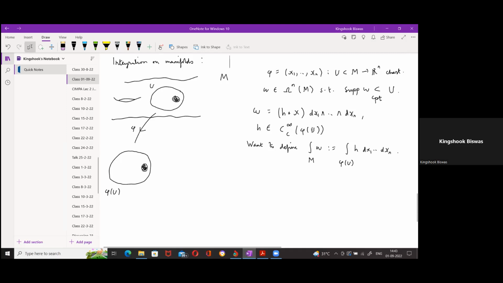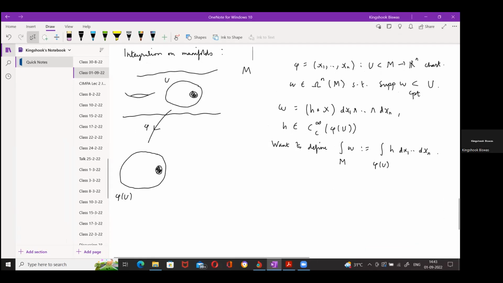And so then we want to define the integral of omega over M to be the integral over phi of U of h dx1 dxn. Now I ask you, what is the problem with this definition? If we take another chart, then we have to have consistency. So this should be independent of the choice of chart, right?